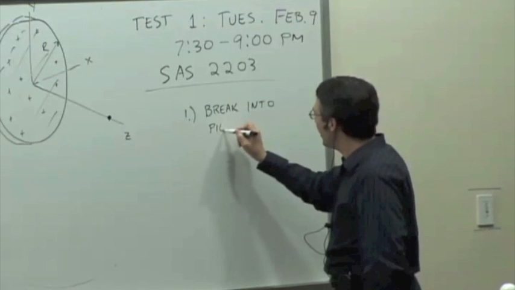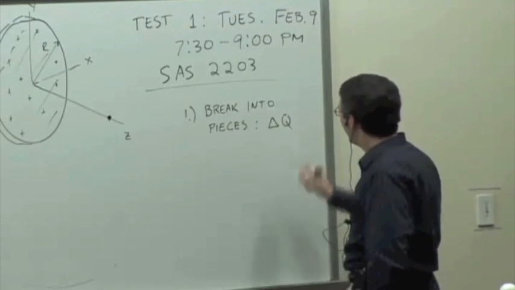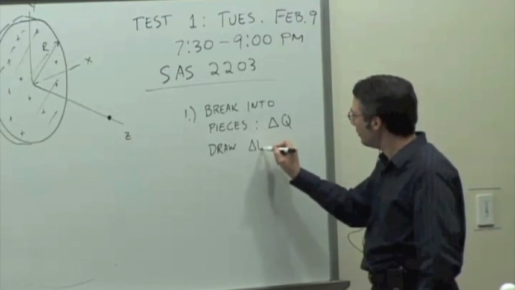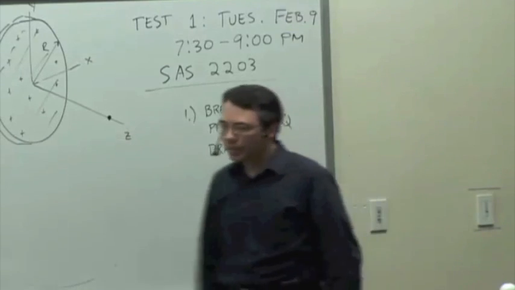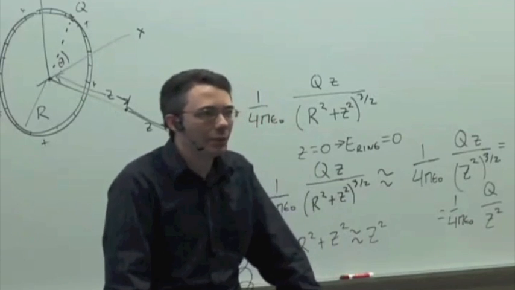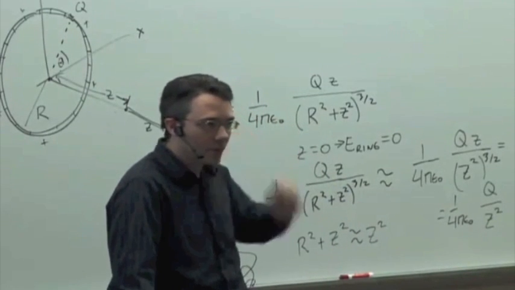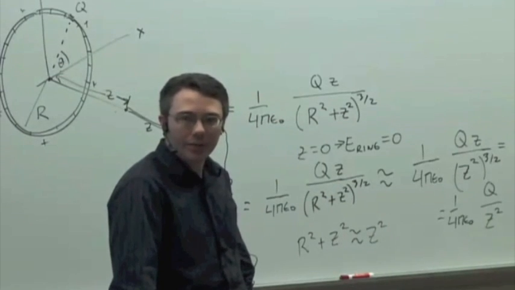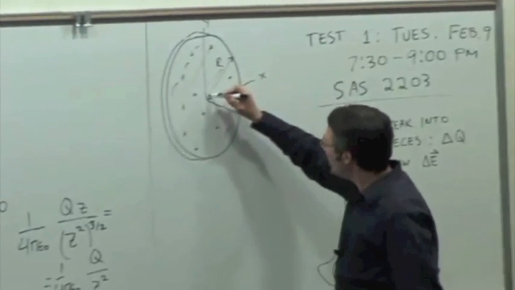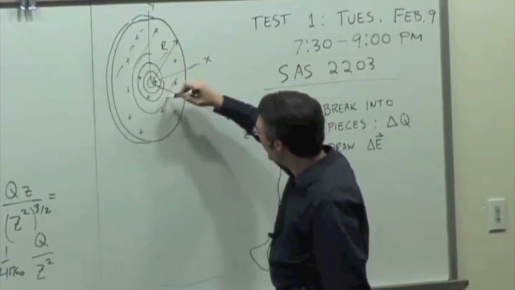Break the charge distribution into pieces, each with a size of charge delta Q, and then draw the delta E. Well, in the previous cases, we've been breaking it up into pieces that look like point charges, but what might be a better choice in this case? We could break it up into concentric rings, couldn't we? We could say this disk is nothing more than just a series of concentric rings, okay?